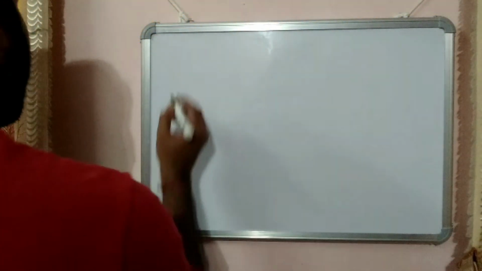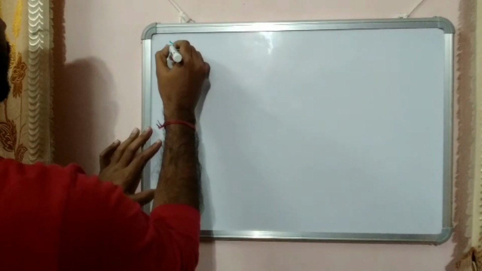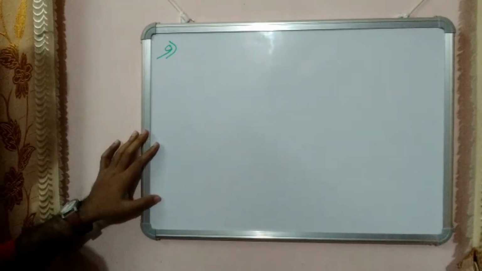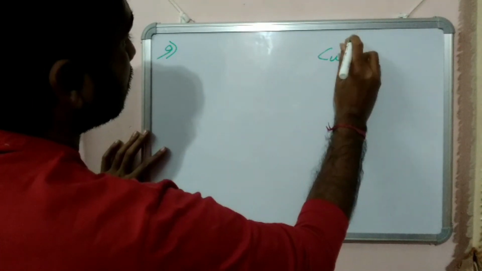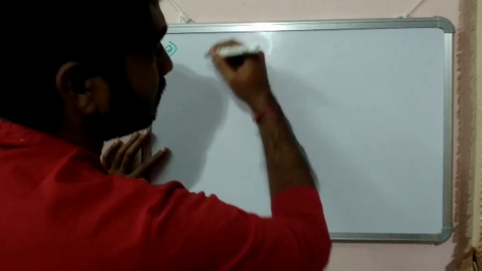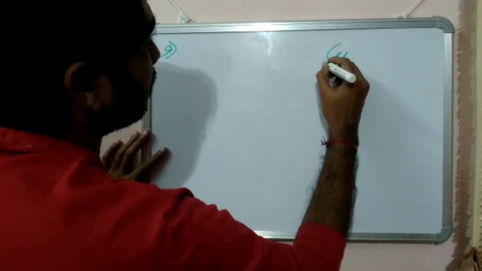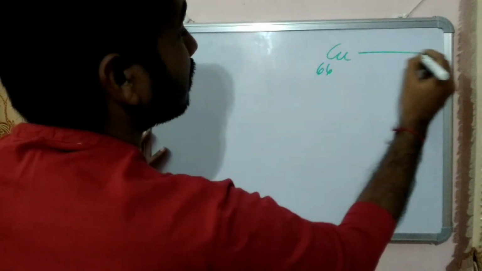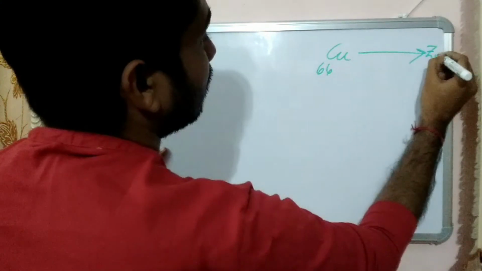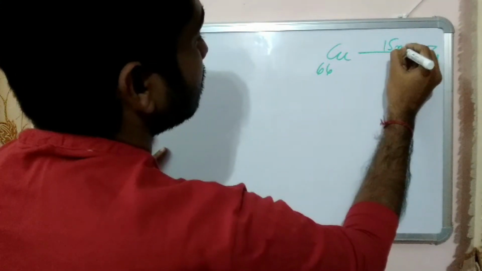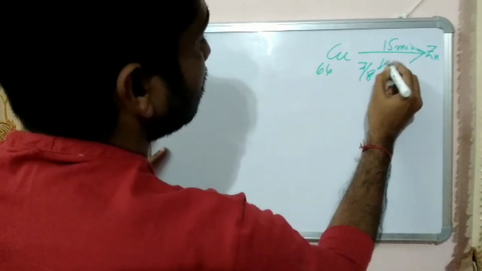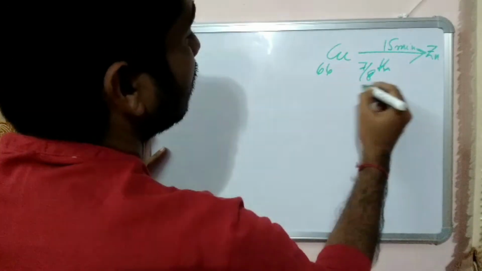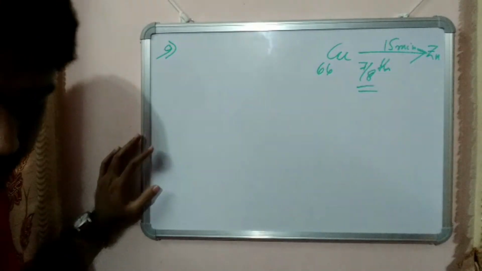In question number 9, it is shown that Cu66 turns to Zn in 15 minutes. 7/8 of Cu turns to Zn in 15 minutes.